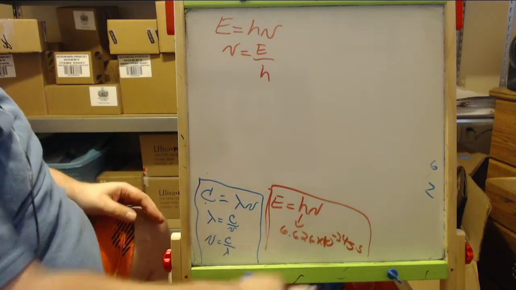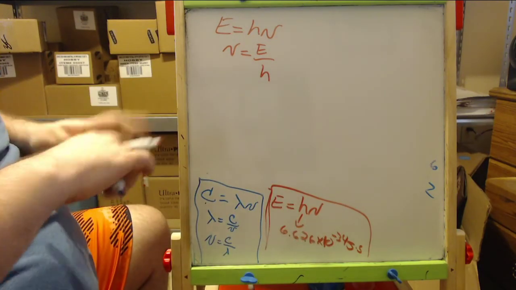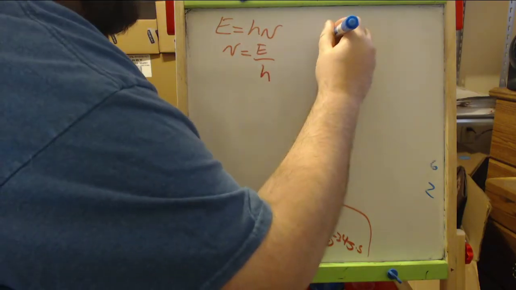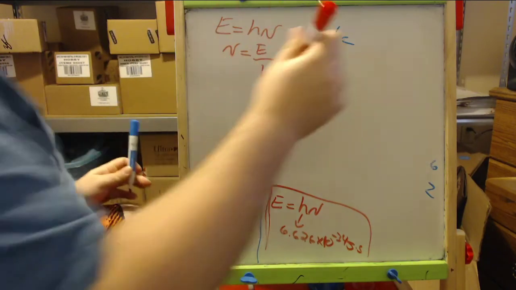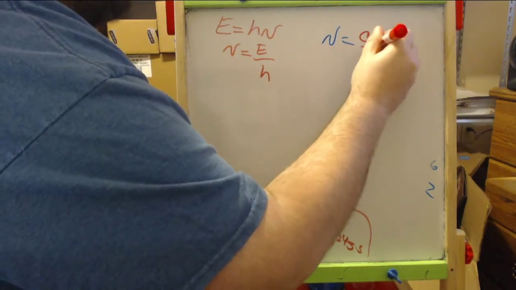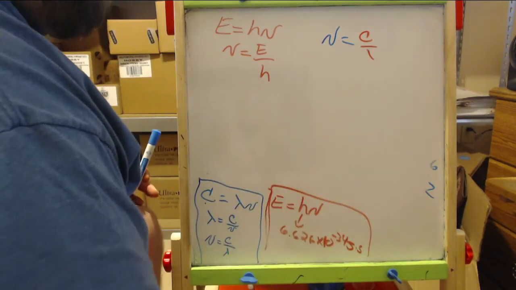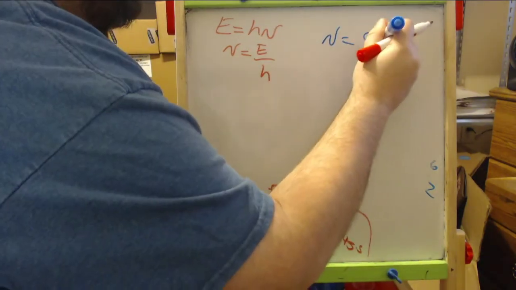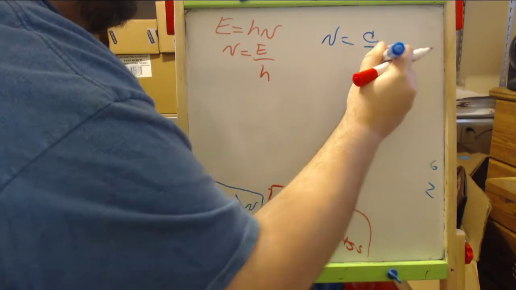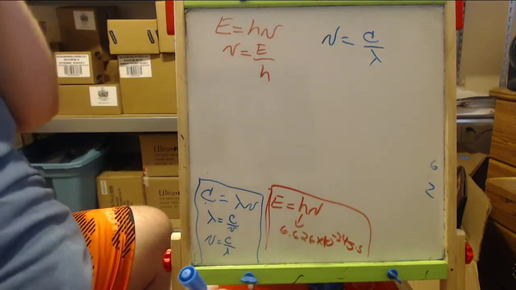Then they take this formula down here and say nu equals C over lambda. And they basically plug the two into one another.